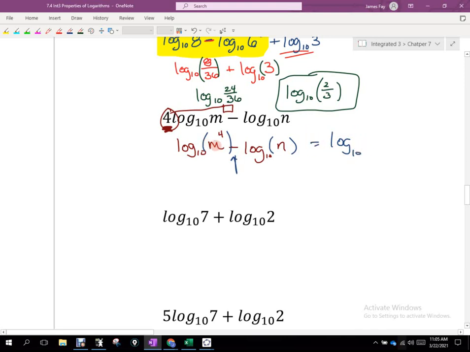So this is m to the 4th minus n, and it's going to turn into m to the 4th over n. And we know that we're done when there are no more addition signs, no more subtraction signs, and no more coefficients in front of the logarithm. Now, we may have no idea whether we've done this correctly. How can I check to see if I've done this correctly?